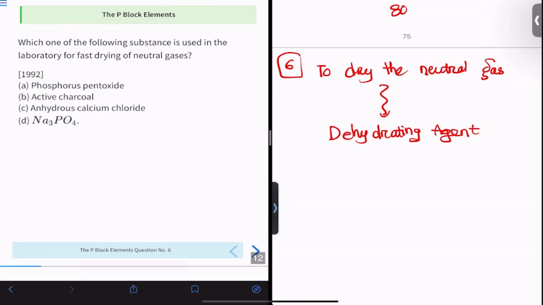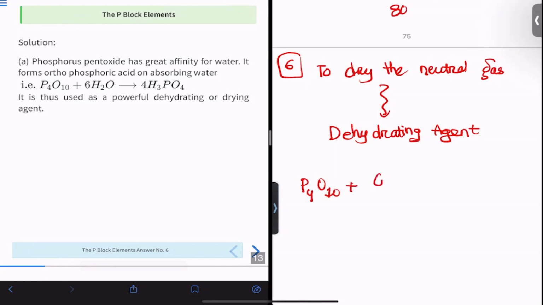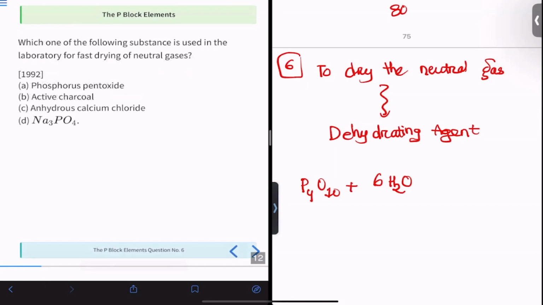If you have read the P block chapter properly, you know that if you react phosphorus pentoxide with water, it is a very powerful dehydrating agent, and it gives rise to H3PO4.